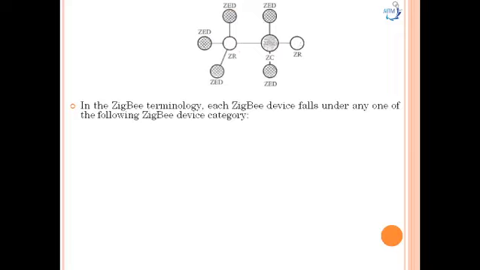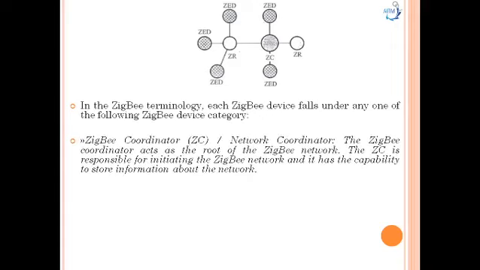In Zigbee terminology, each Zigbee device falls under one of the following Zigbee device categories. First, the Zigbee coordinator, ZC, or network coordinator, which acts as the root of the Zigbee network.